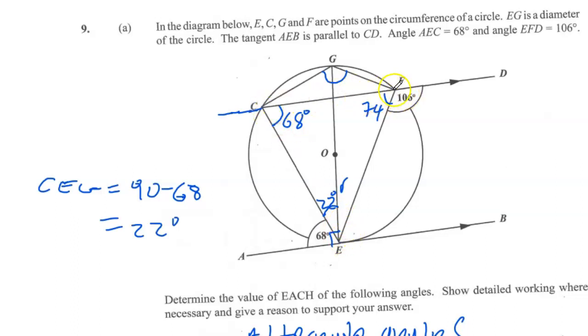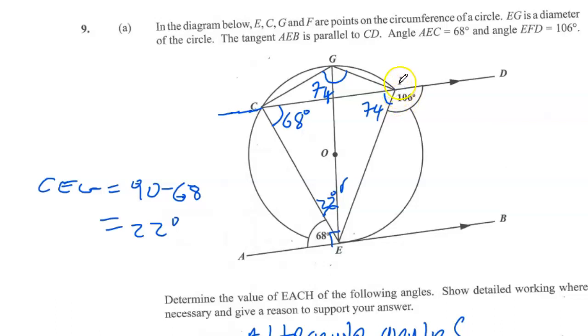The angle from CE at F is 74. I remember angles from the same segment are equal, so the angle from CE here to here would also be 74. Angles in the same segment, right? So this section would also be 74.